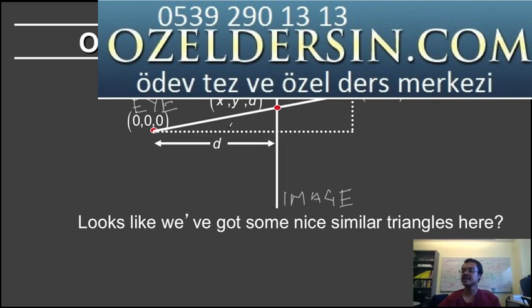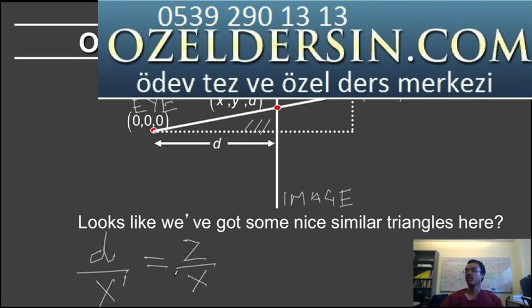Now the triangles are similar, so this triangle is similar to this whole triangle, and therefore the length ratios should be similar. So I can say that d over x prime is equal to z over x. Let me just write that down.